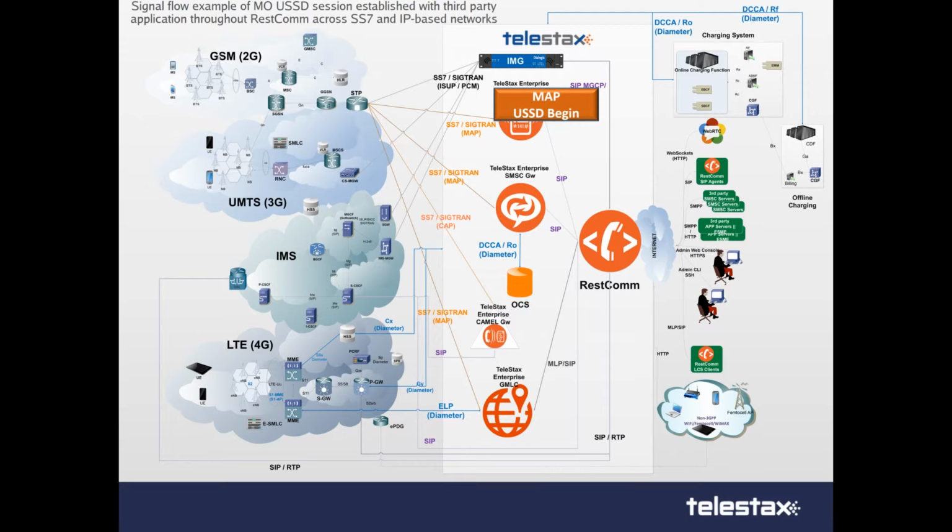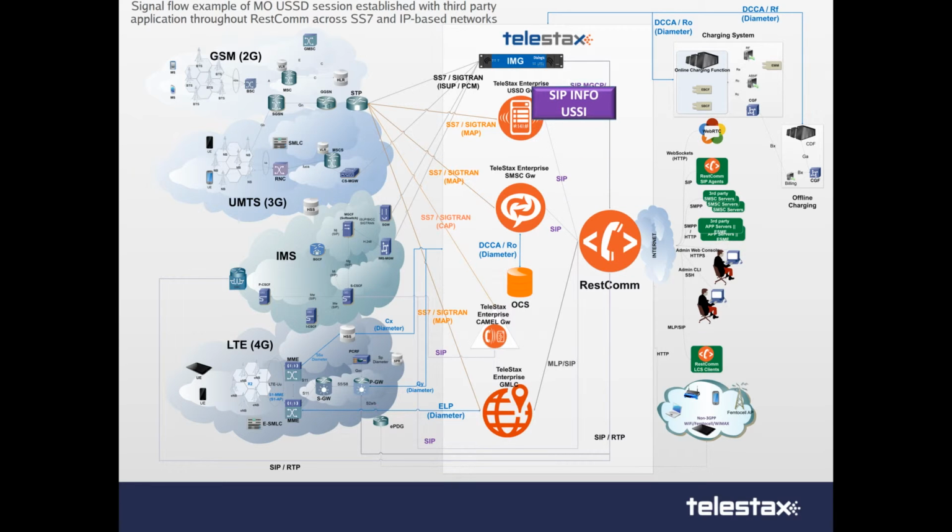TelScale Enterprise USSD Gateway then converts this MAP message into a SIP INVITE and directs it to the RESCOM Connect server. The SIP INVITE is received at RESCOM, and according to this USSD RESCOM Visual Designer project, it will act accordingly.